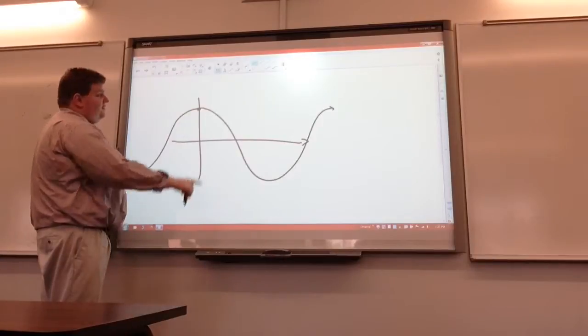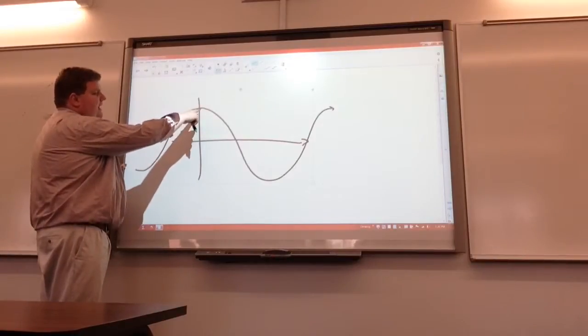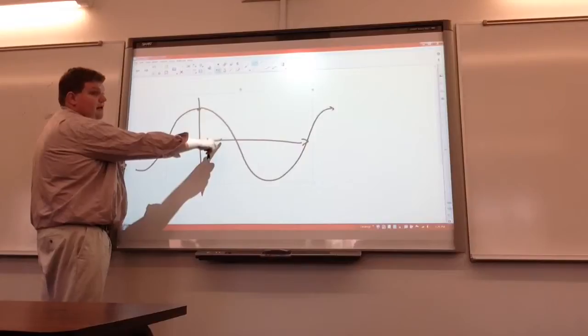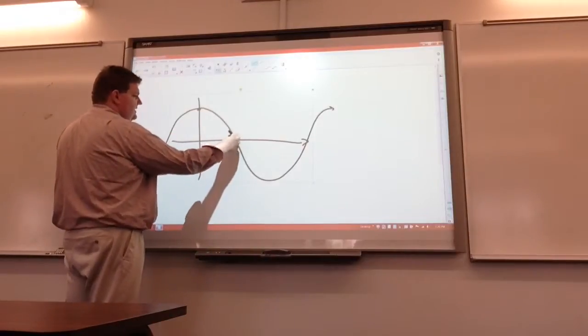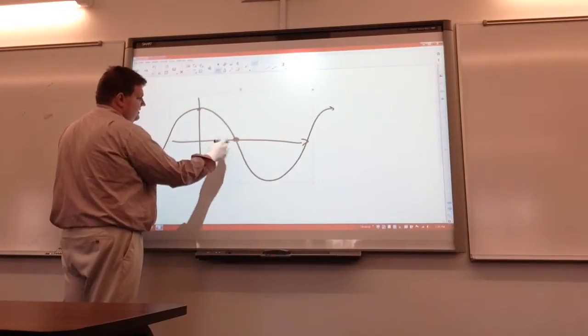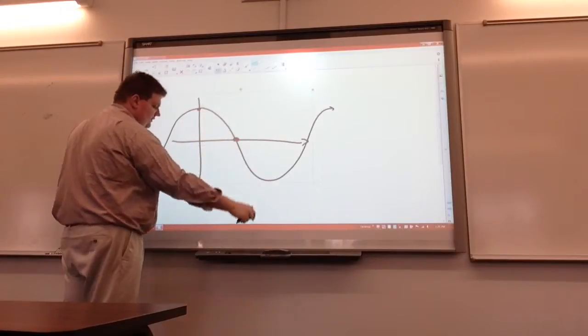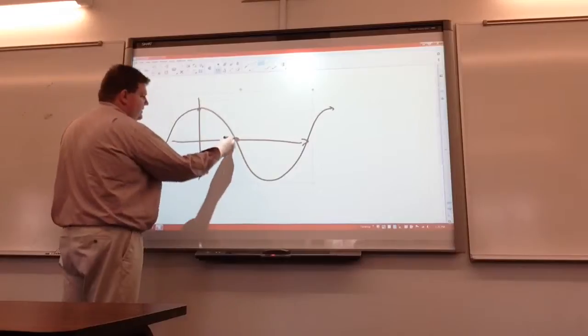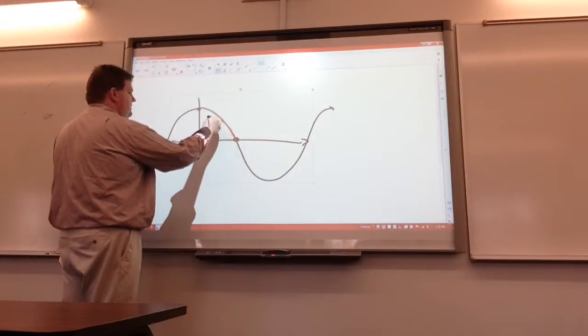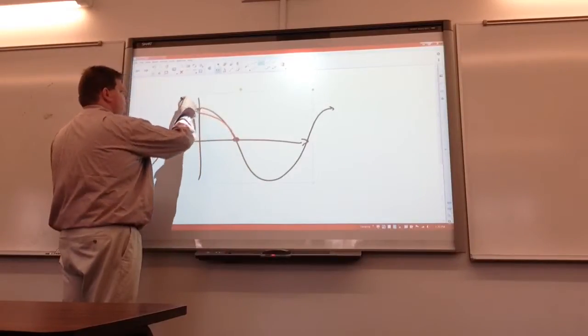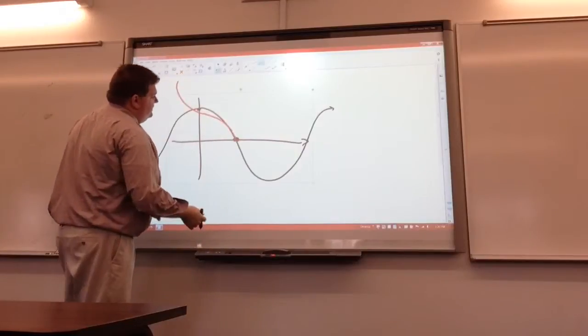Think of it this way. My first point is going to be when y is 0, x is going to be 1. That's going to be that location right there, and so on and so forth. And so my arc cosine graph is going to do something like that.